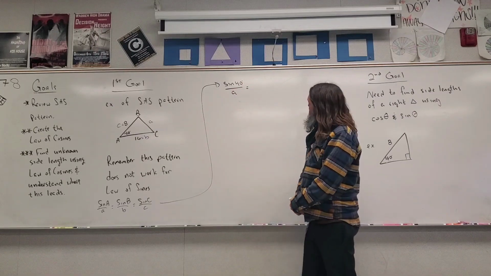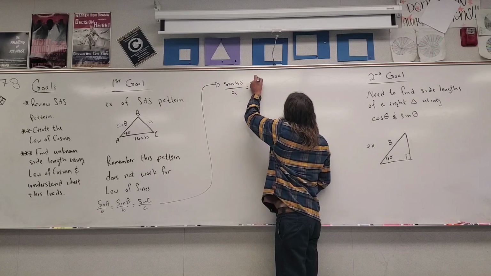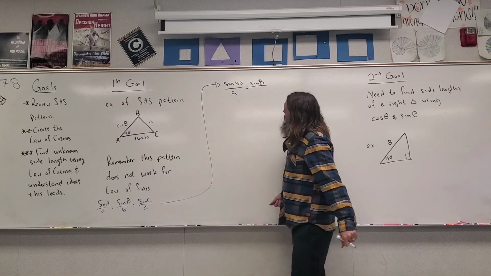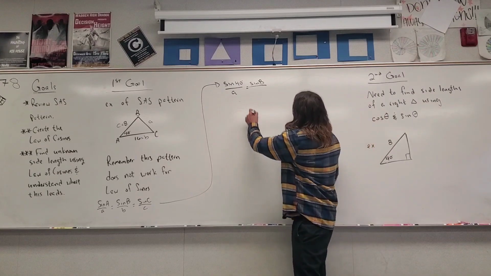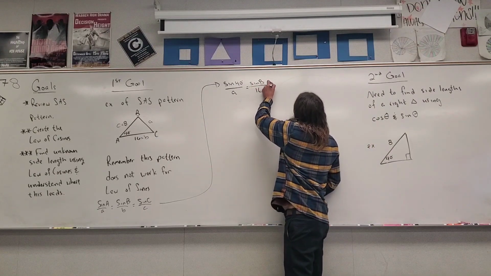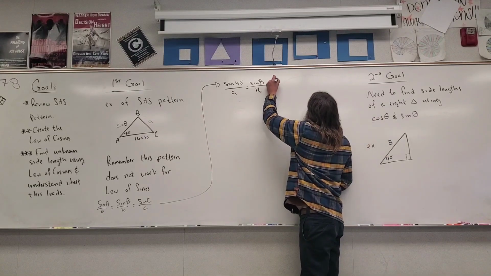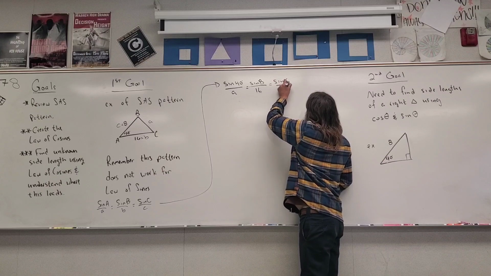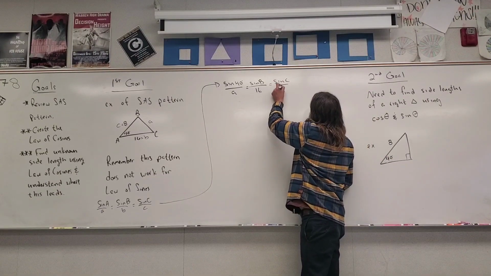Sine of angle B is sine of angle B, because I don't have an angle measurement, and that's divided by its length, which is 16, its opposite length. And finally, sine of angle C, which I don't know the angle measure for, but I do know its opposite length, and that is 8.